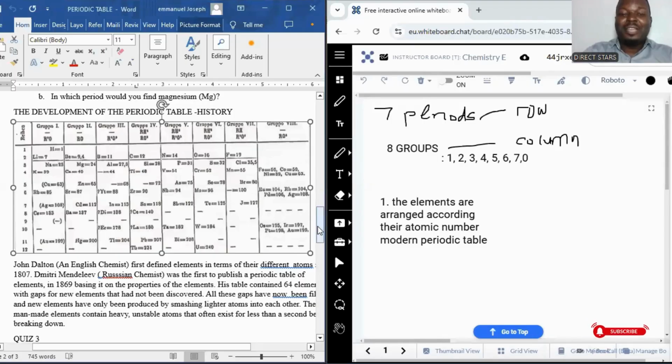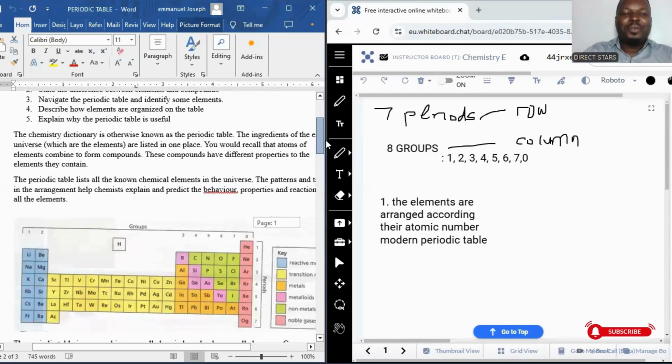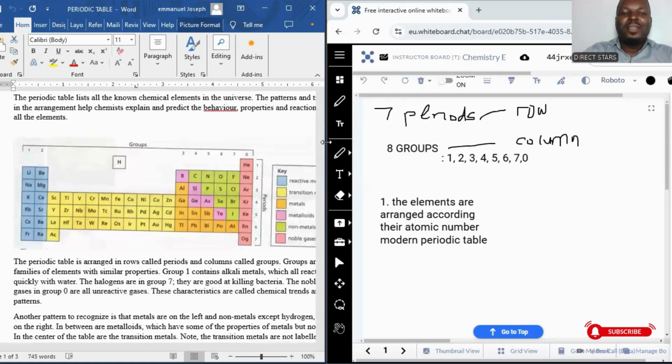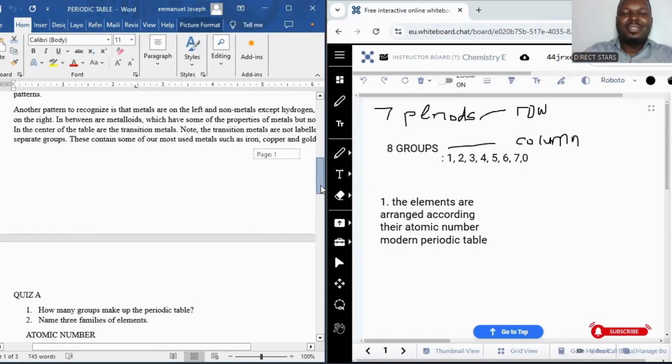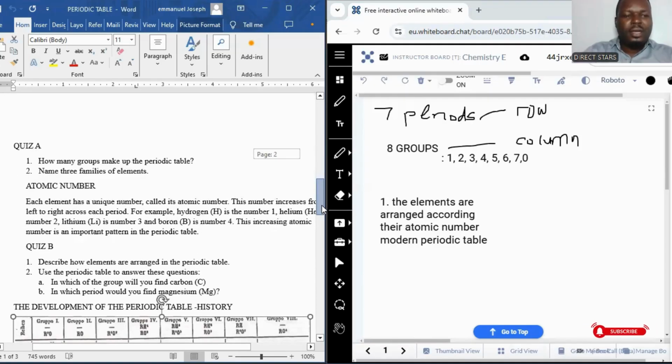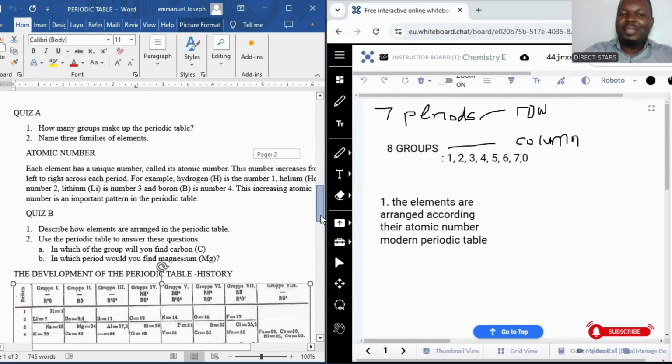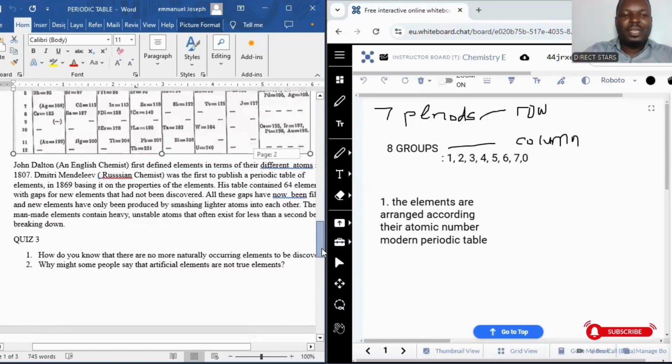If you observe the periodic table we use currently, you would notice that there is no space. Everything is completely filled out. It simply shows that it will be difficult for more elements to be discovered, except for those that are artificially made by bombardment.